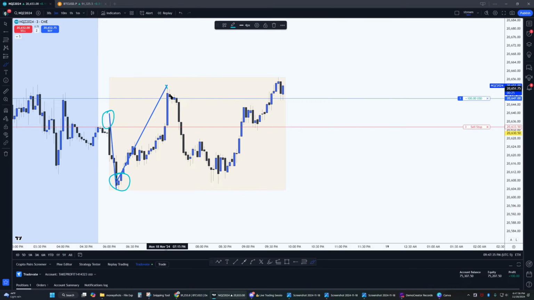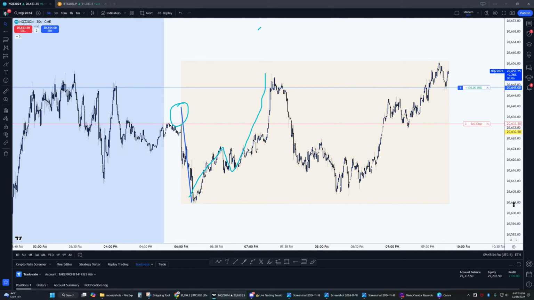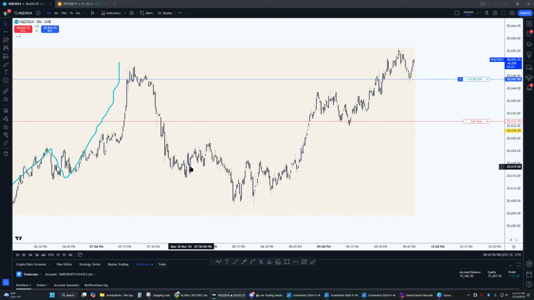So when price came back down, boom, we have support in this area here. And then on top of that, you can use the micro structure inside of here to do the same thing, to kind of speed up the process.